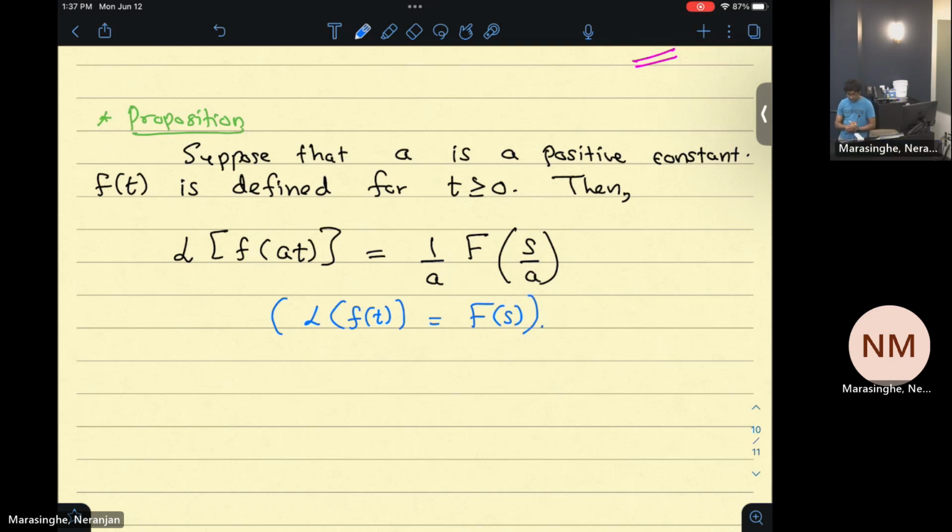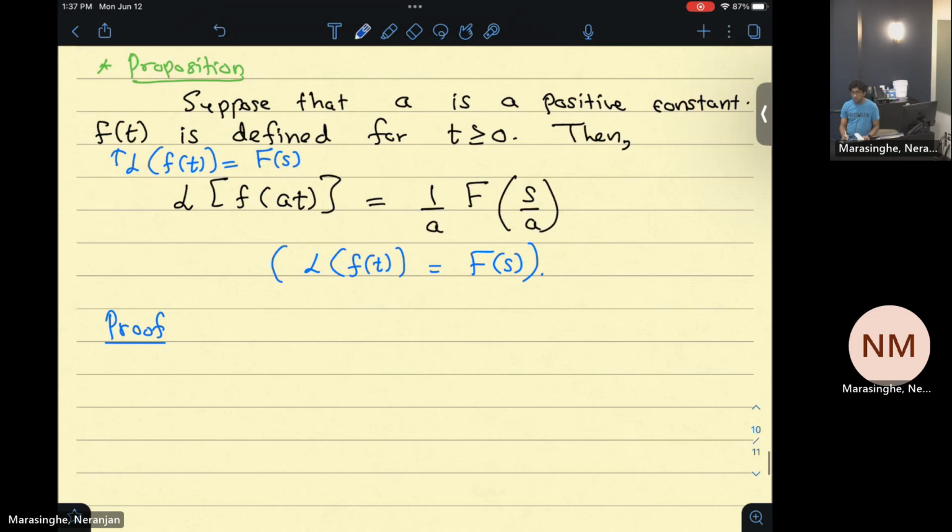Okay. Then I'm going to prove this. So I have a function f(t) and I know that its Laplace transform is capital F. Let's prove this. I'm using the given fact. I have some function f and a is a positive constant, a is greater than 0.